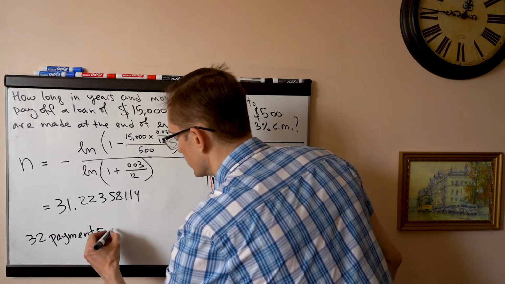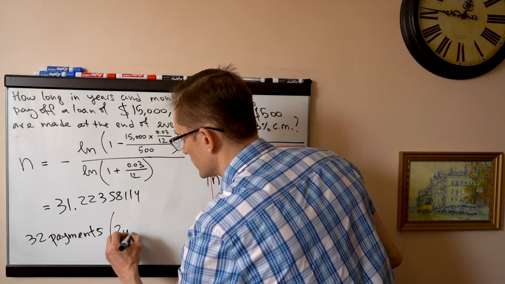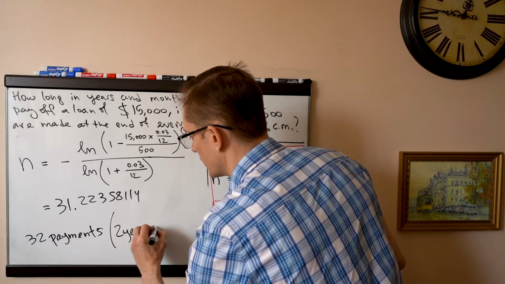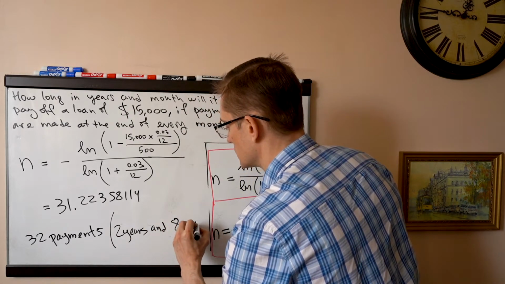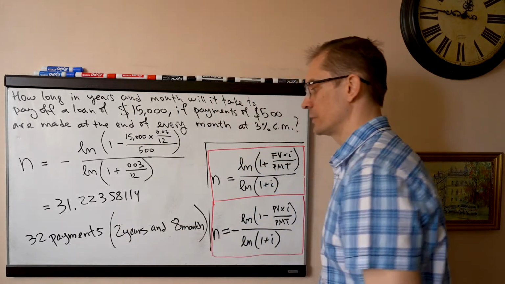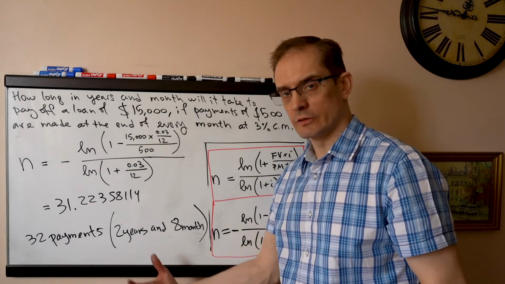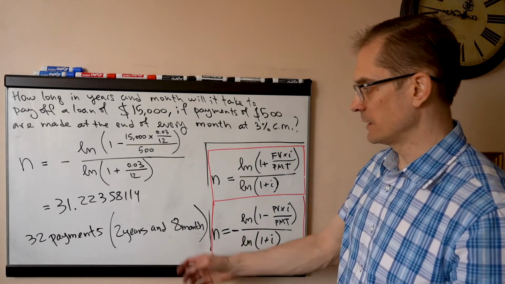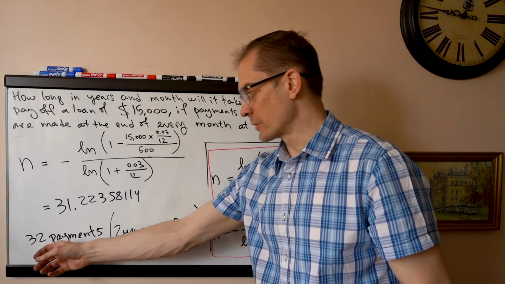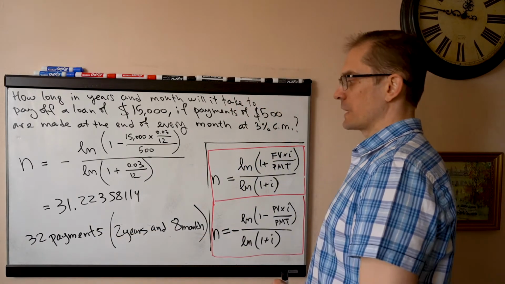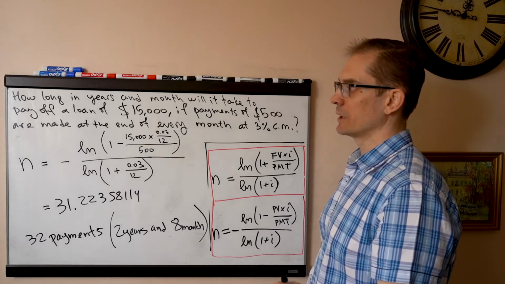So 32 payments means that it's 2 years and 8 months. 2 years because 2 years covers 24 months, and we also have 8 more months to cover the remainder. So the answer to this problem: it will take 2 years and 8 months to pay off the loan.